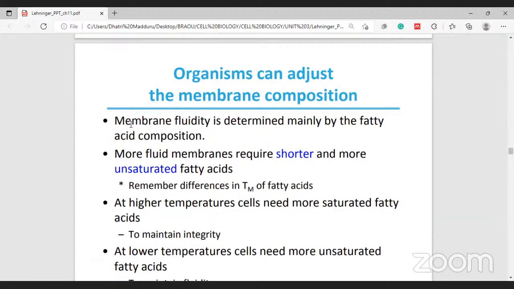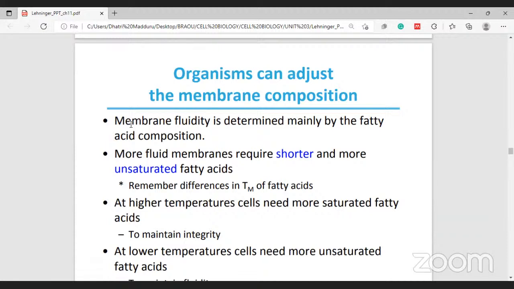But at the same time, if one file is thin and one file is bulky, what happens? In the same rack, you can now keep only a few files, and the gap will increase between the different things. So the same thing here: if you have more double bonds, the space will increase for each fatty acid, and there will be more fluidity.